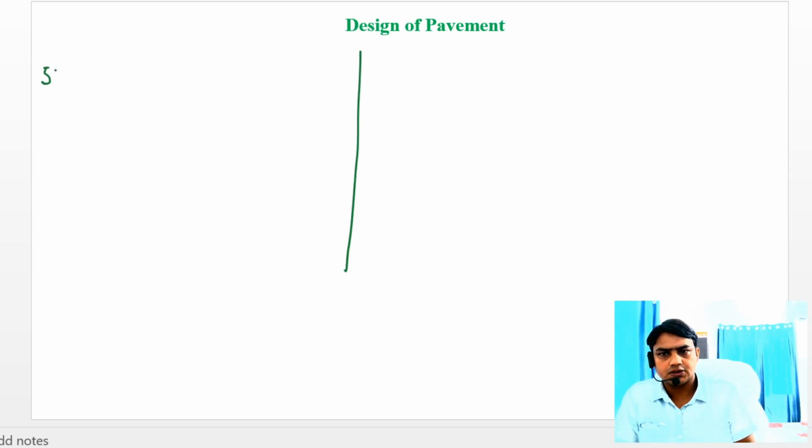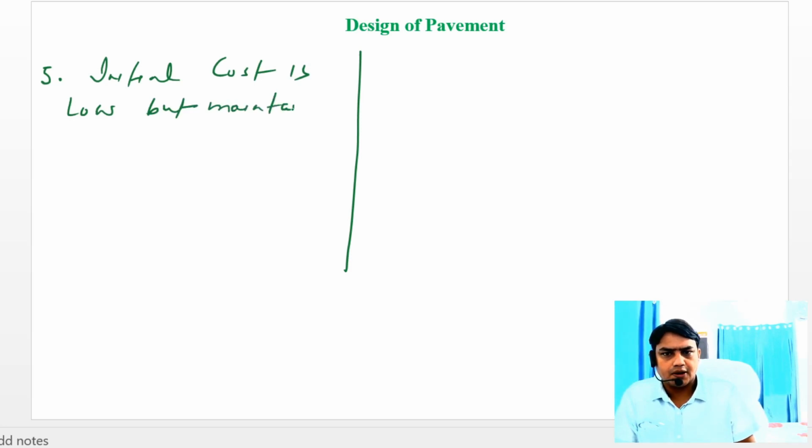The fifth one is initial cost. In flexible pavement, initial cost is low, but maintenance cost is high.